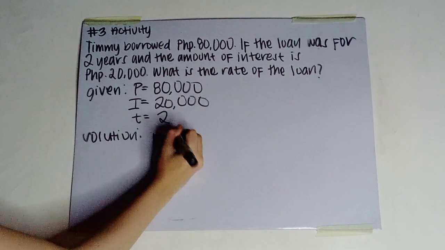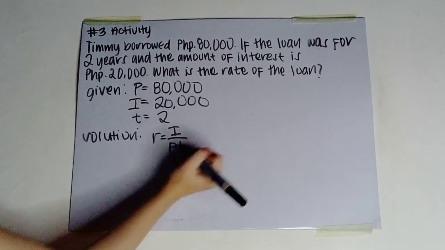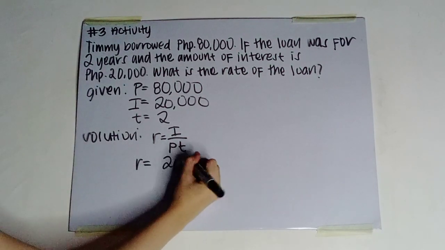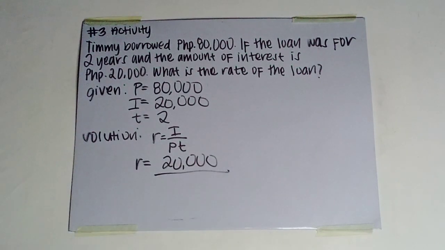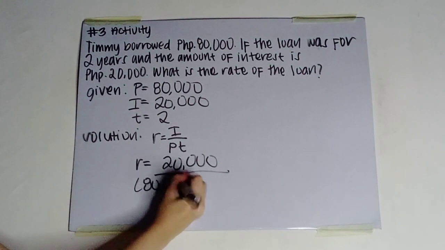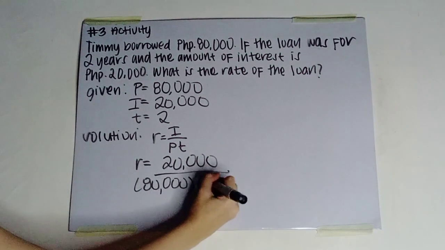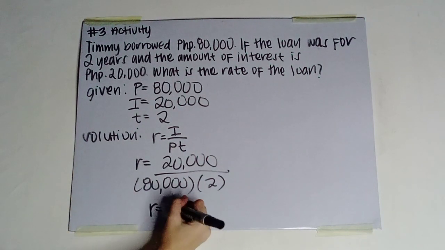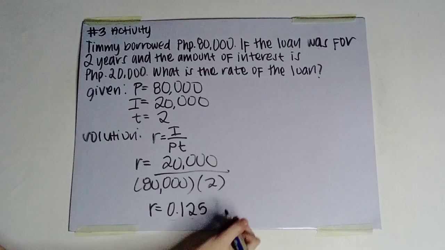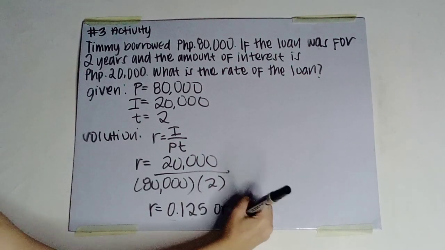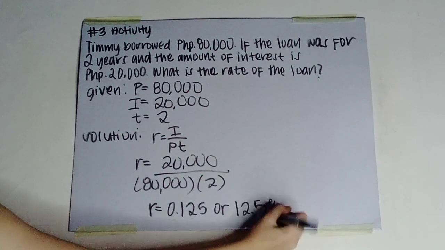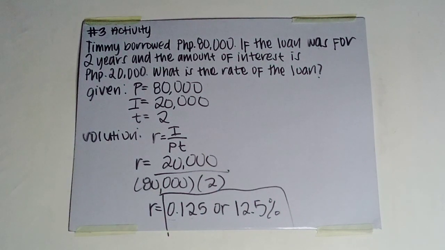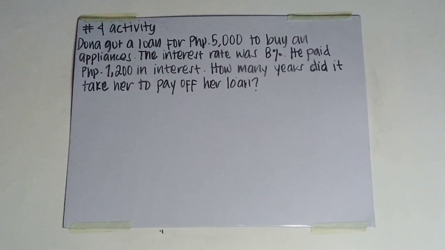The formula for finding the rate is R equals I divided by P times T. So R equals interest 20,000 pesos divided by principal 80,000 pesos times time 2. So 20,000 divided by 80,000 times 2 is equal to 0.125 or 12.5%. So again, the rate of the loan is 0.125 or 12.5%.